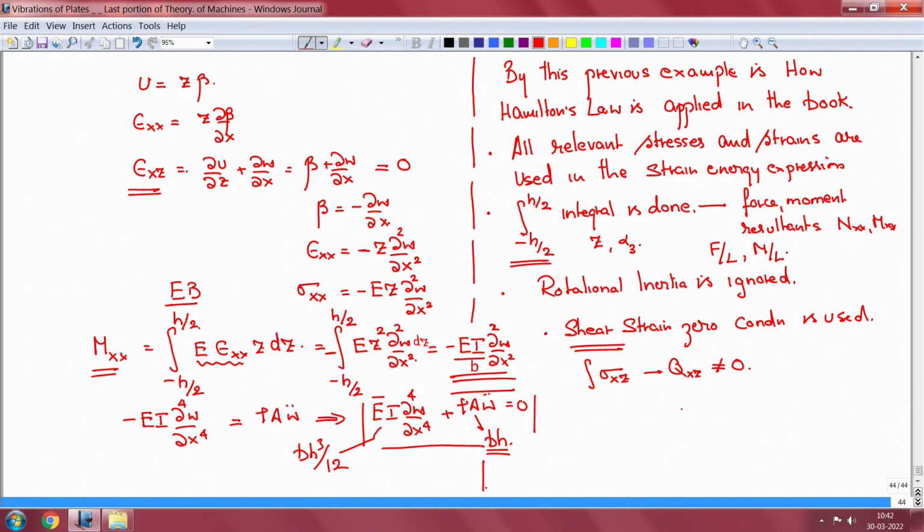We finally had qxz, which is the integrated form of shear stress, but we are saying epsilon xz is equal to 0. So this is what will be followed in the general alpha 1, alpha 2, alpha 3 coordinates for a curved shell, in the derivations to follow.